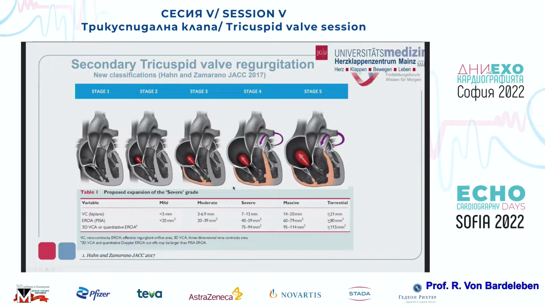What is important to know is that the current guidelines still only speak about 3 grades, which would be mild, moderate, and severe. All trials on the interventional side, however, have used a 5-grade scale, further underlining a difference in severe that already starts at a quantitative EROA of somewhere around 70 square millimeters.